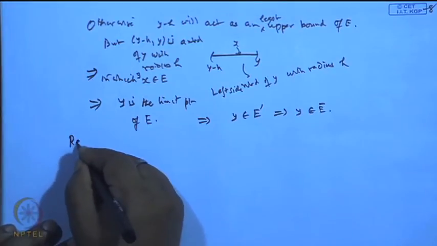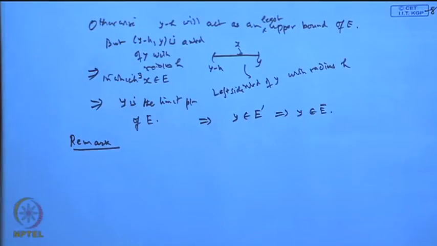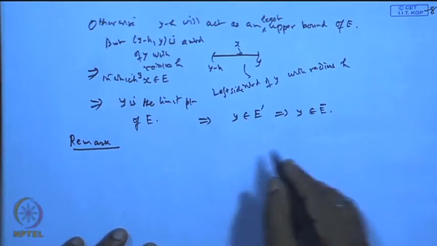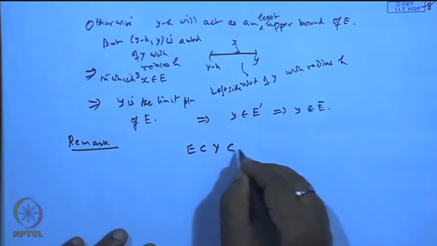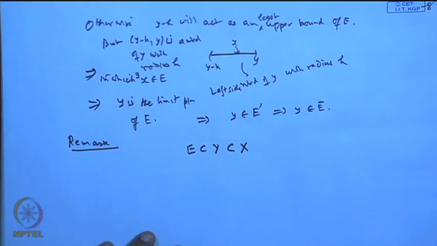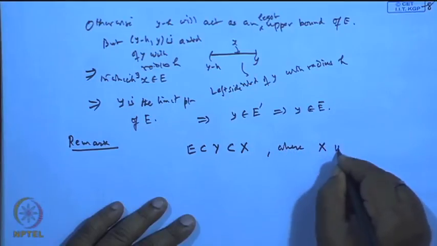Now, a remark we can see. We know E is a subset of Y, which is a subset of X, where X is a metric space.